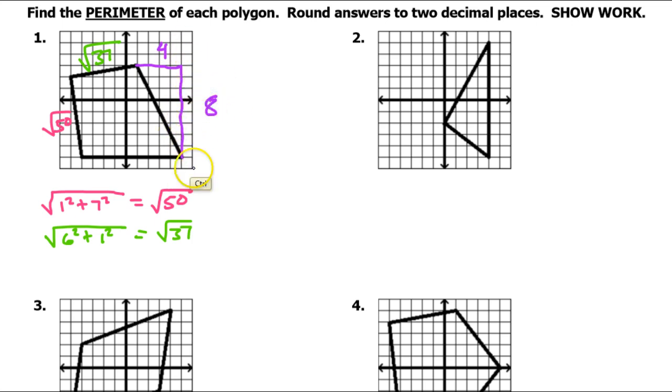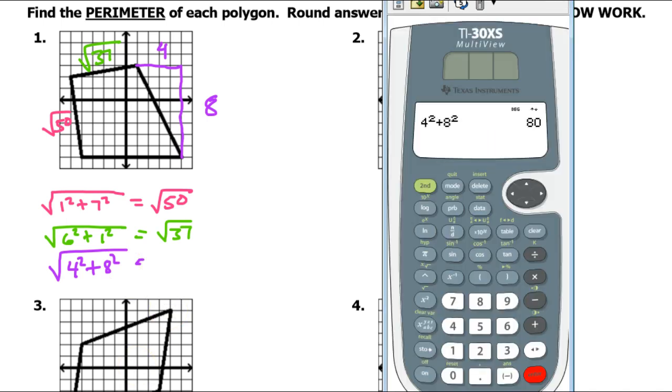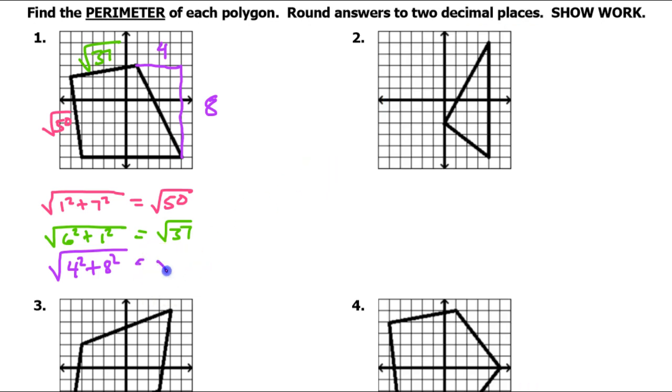So the length is going to be the square root of 4 squared plus 8 squared. That was 80. So that's going to be the square root of 80.